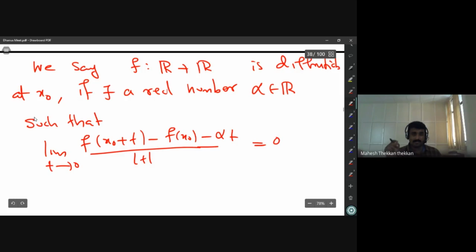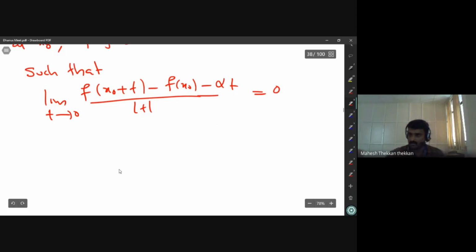Suppose there exists a real number alpha such that this equation holds, then we say f is differentiable at x naught and we denote the derivative, and f dash of x naught is alpha.